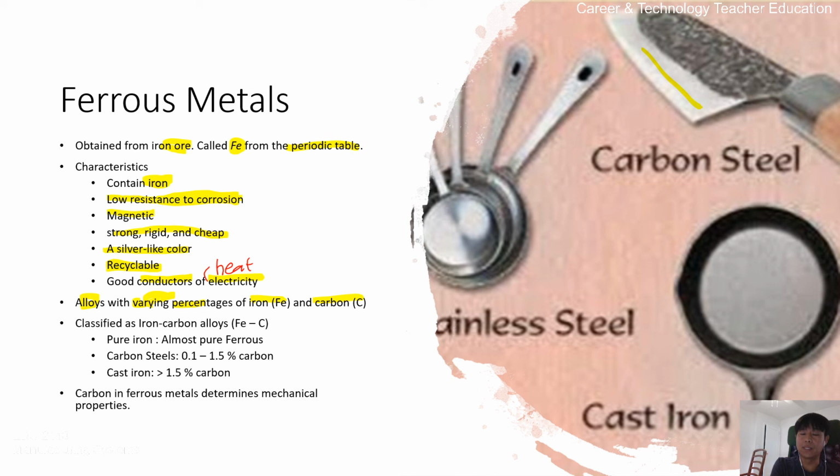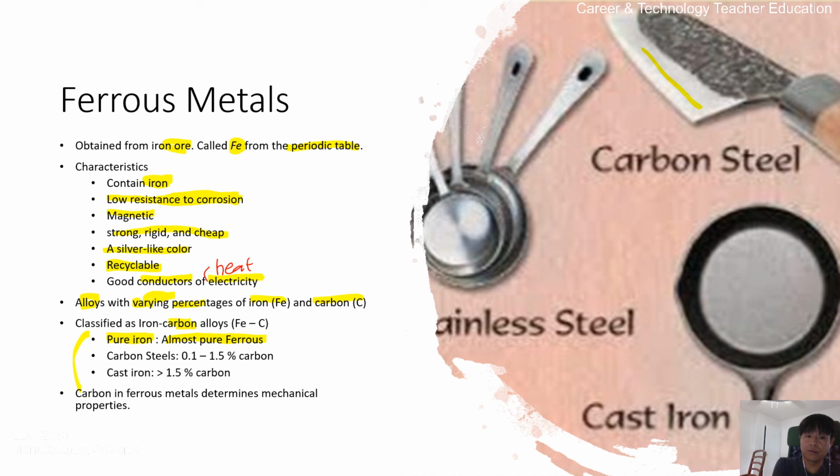So 90% of iron products contain carbon. Based on the percentage of carbon, we classify different types of ferrous metal. The first one is pure iron, which is almost pure ferrous, with no carbon.